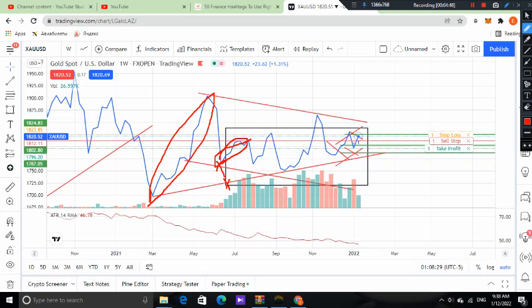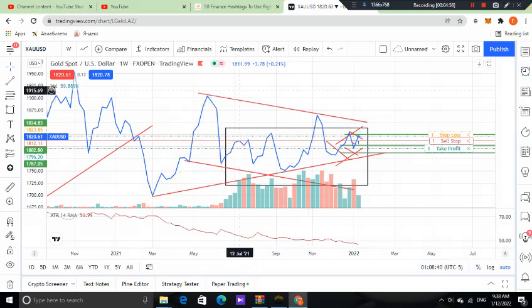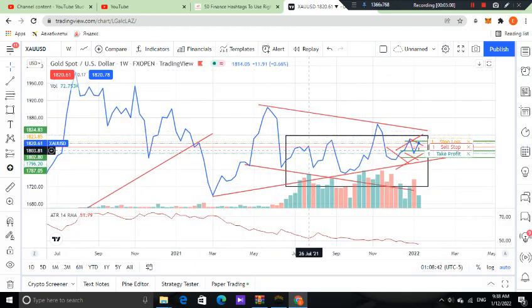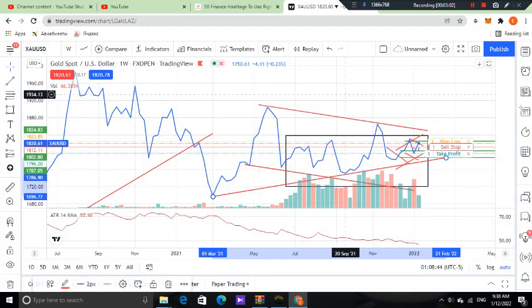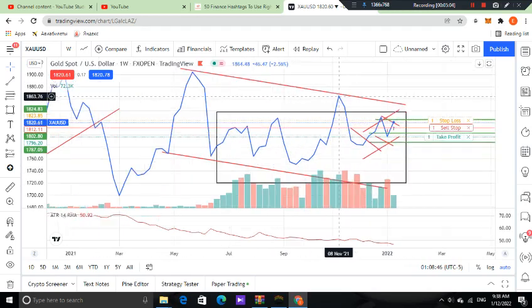There should be some relation between the waves and legs, which we don't see here, and it's more like a bearish channel to me.